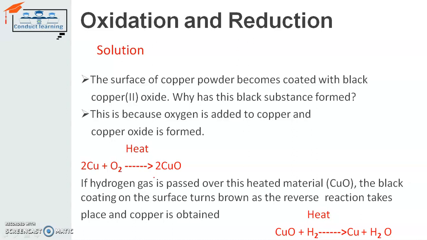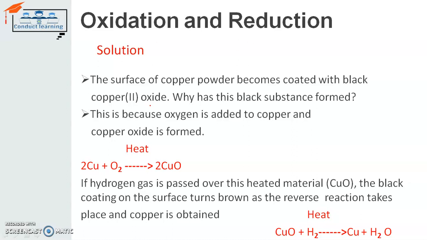This is basically a reverse reaction. In the beginning, when we started heating the copper powder, it was brown in color. When it is heated and reacts with the oxygen present in the air, it gets oxidized and the color of the copper becomes black.